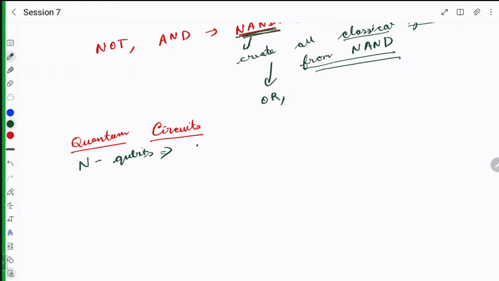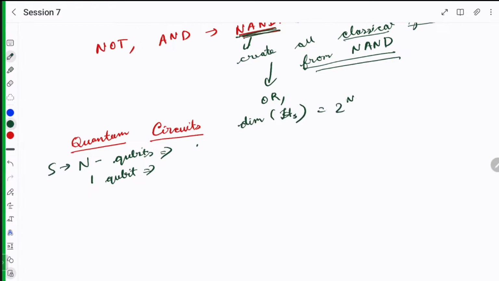So for 1 qubit, what was the Hilbert space? Can anybody tell? 2 to the power n will be the dimension, that is right. So Rajrupa says that the dimension of the Hilbert space, let's say dimension of this HS, where this is the system of n qubits, will be 2 to the power n.